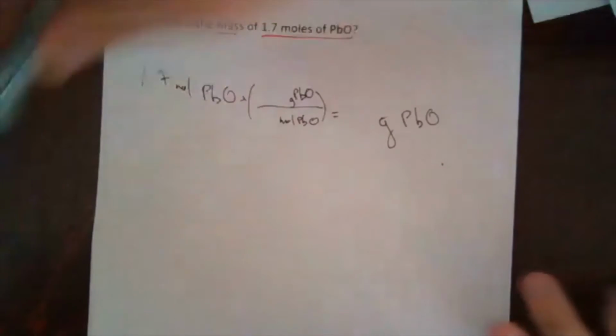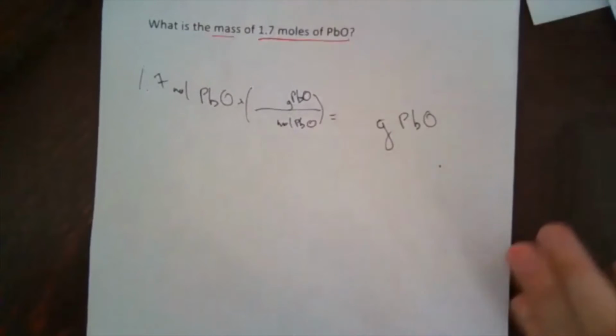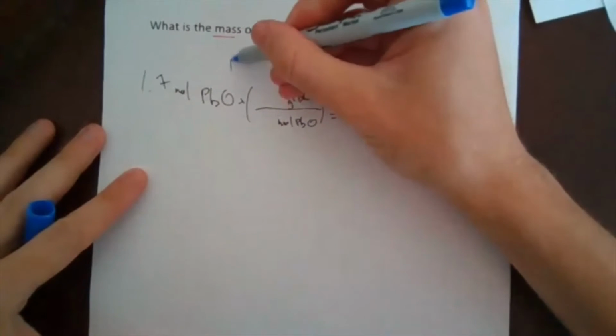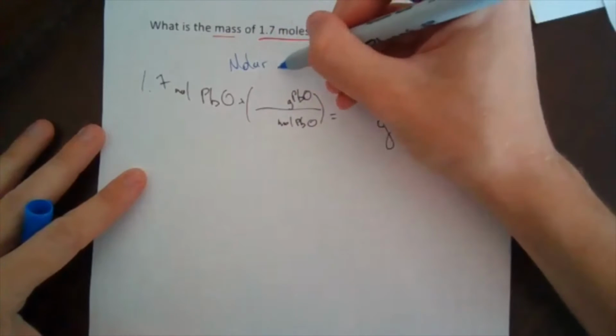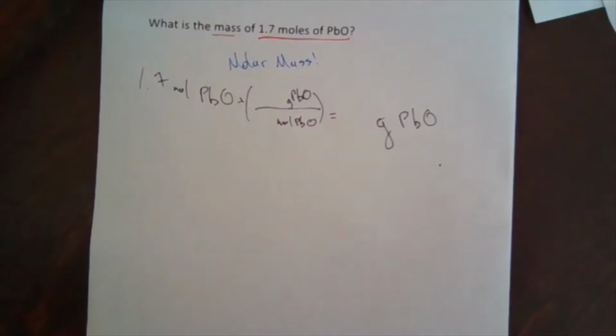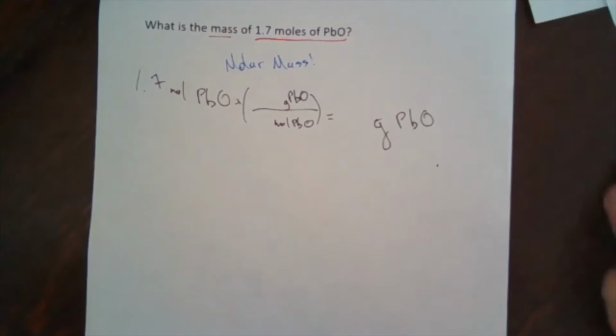Whenever I see this type of conversion going between grams and moles, that is where I need to use molar mass. Molar mass is my conversion factor between grams and moles.